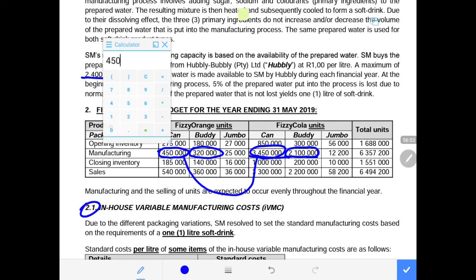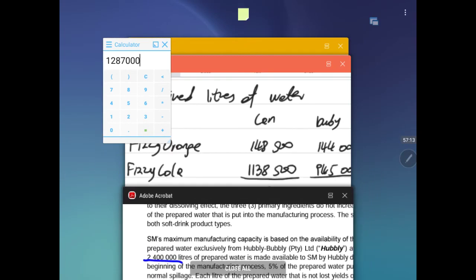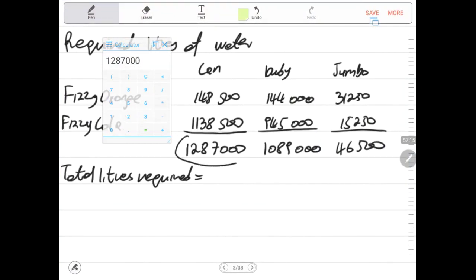So you could have said 450,000 plus 3,450,000 times 330. Then you get the number of milliliters, but we need it in liters, so we divide by 1,000 milliliters in 1 liter. That will give you 1,287,000, the sum of the two. So that is a very easy shortcut.